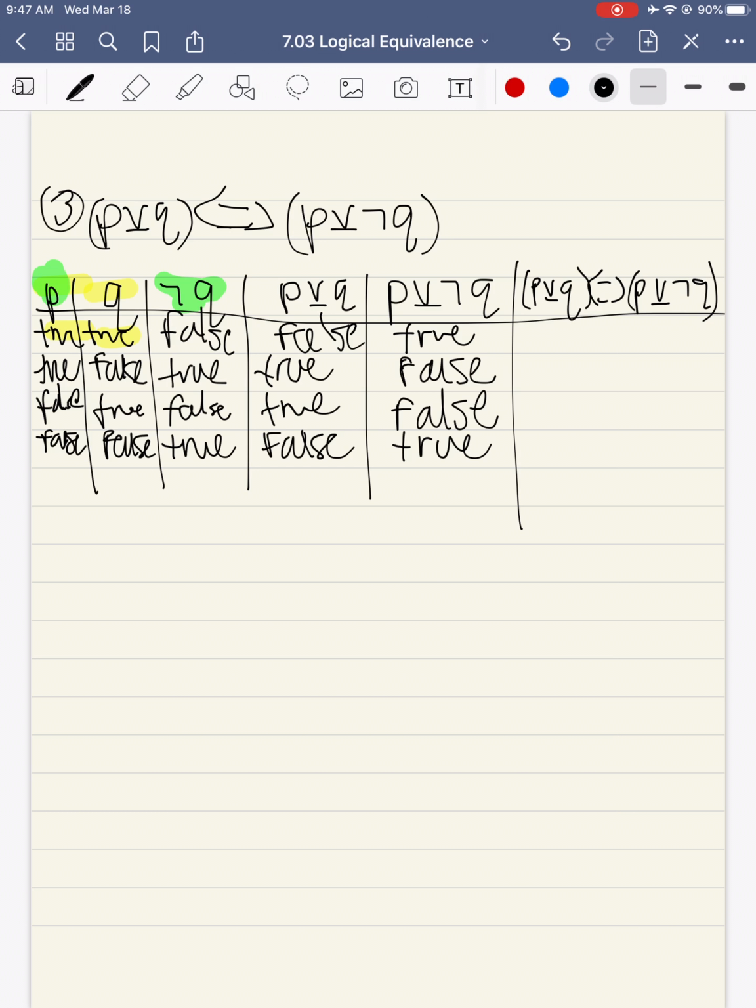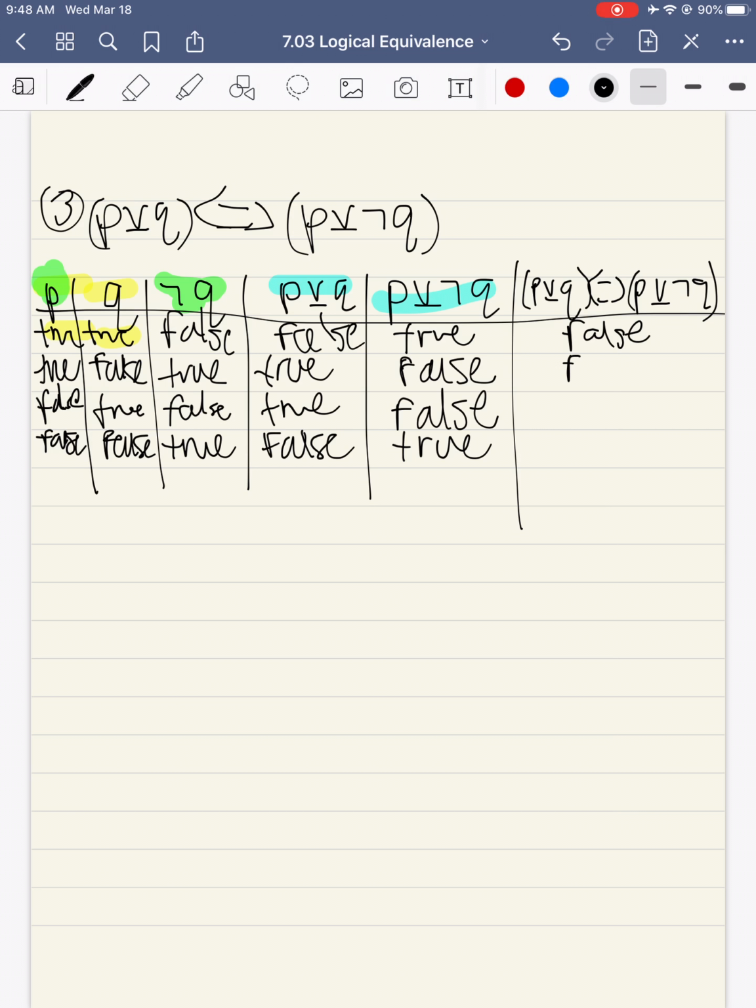And then lastly, we have our final statement. So using these two columns here, and we're doing an implication, or why do I keep saying that? We're not doing implication. We're doing an if and only if, a biconditional statement. So they have to have the same truth value in order for that to be true. So if we have false, true, that is false.